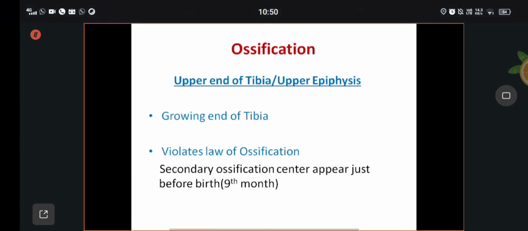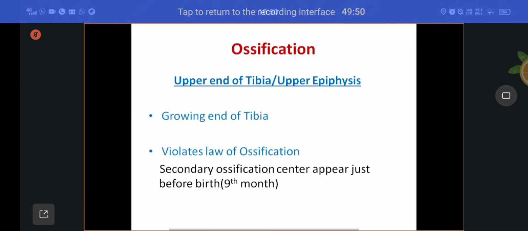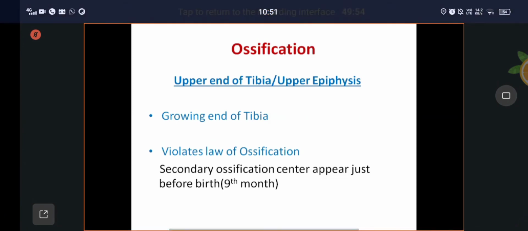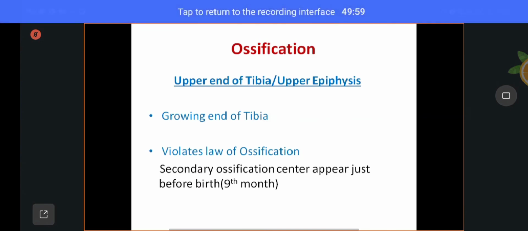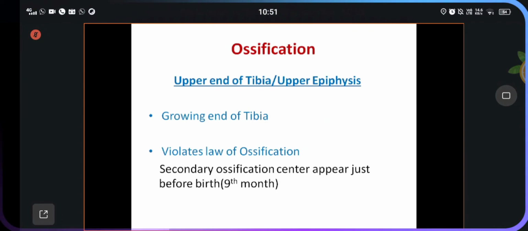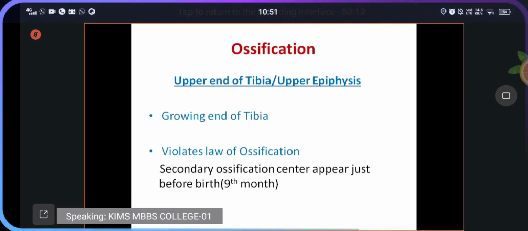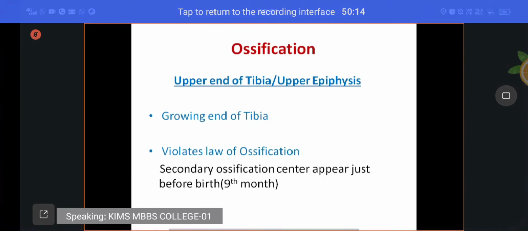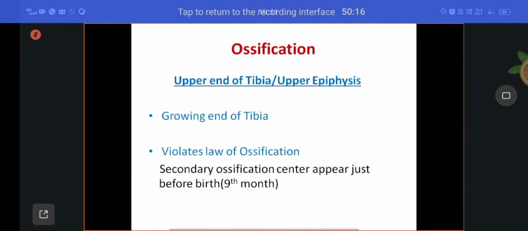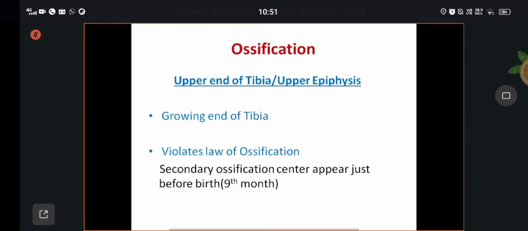Suppose you take the two types of epiphyses. The pressure epiphysis is the part of the bone that helps in the transmission of body weight. The traction epiphysis is the part of the bone that pulls the muscles. The pressure epiphysis always appears first, then the traction epiphysis.